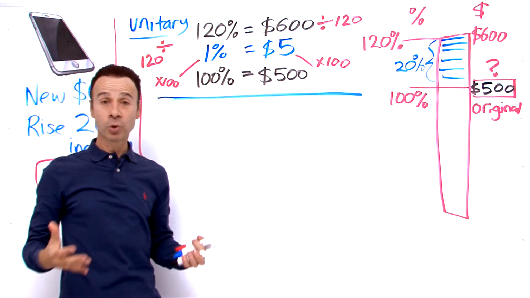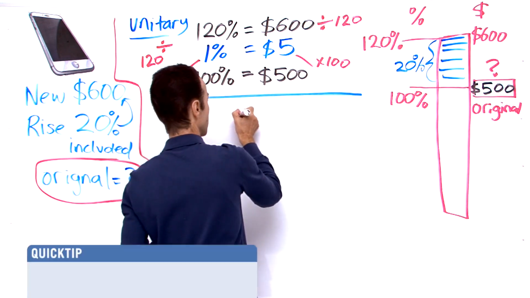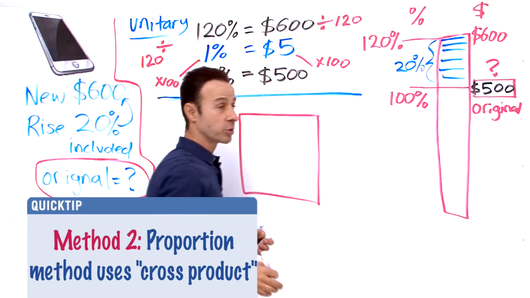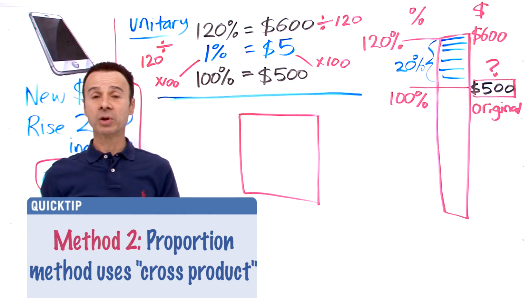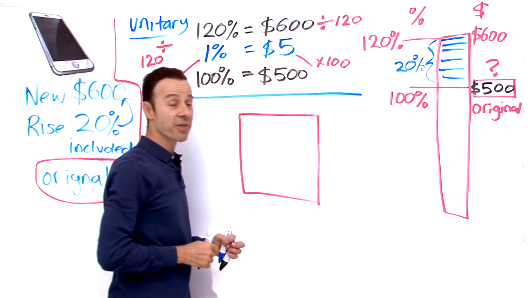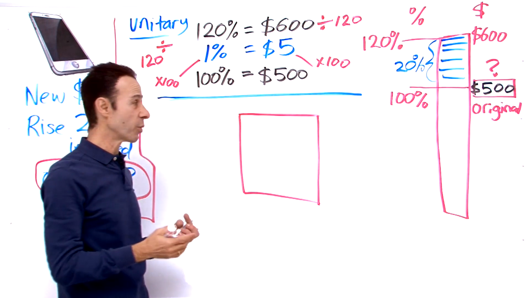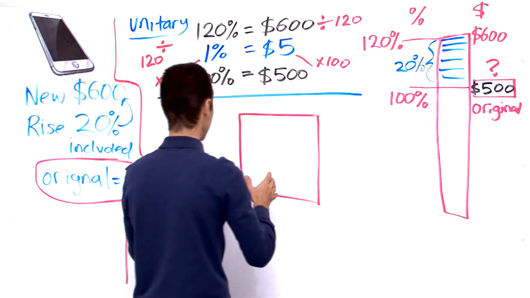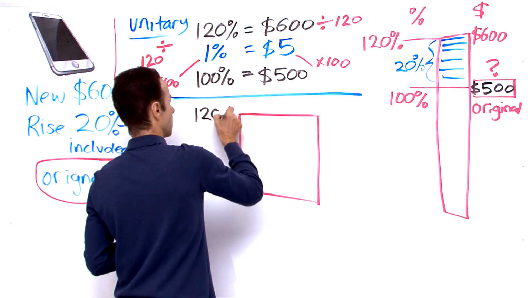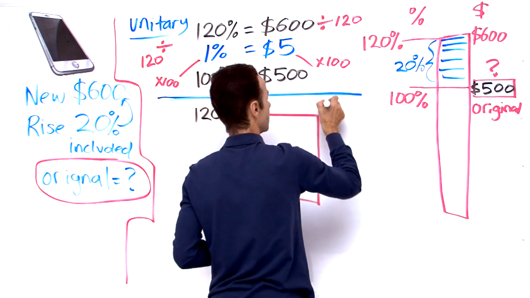It's called the proportion method. All you do is draw a square for the proportion method, just a square like that. And we use a method called cross product. Some people call it cross multiplication, where you multiply two diagonals and divide by the other diagonal. There are 3 knowns and 1 unknown. So let's look at what the knowns are. What we do know is that at 120%, the price is $600.